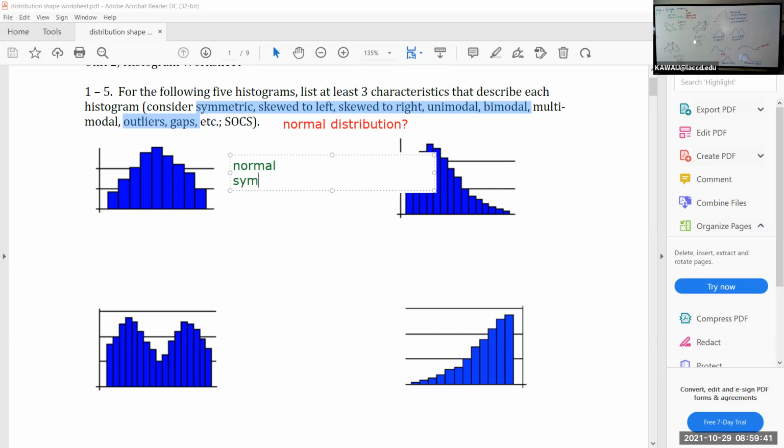It's roughly symmetric, right? As long as it's roughly symmetric, that's fine. They're not going to be exact. And it's unimodal. Okay. So go ahead and do the other three, and then we'll compare notes. Let's give everyone a second to try it.